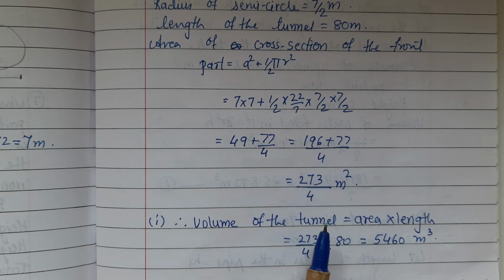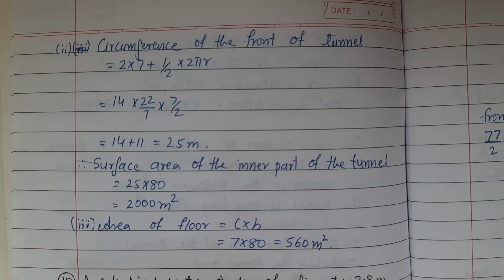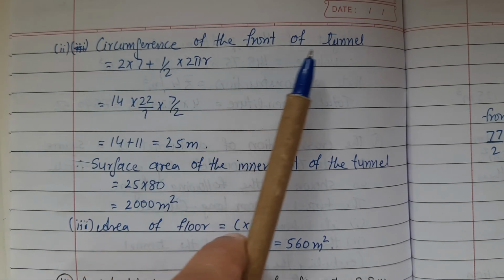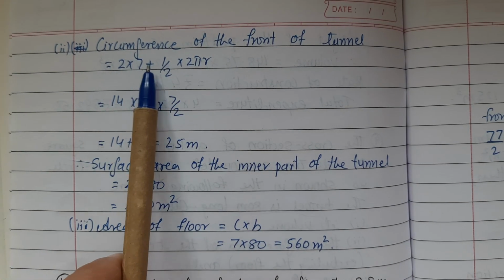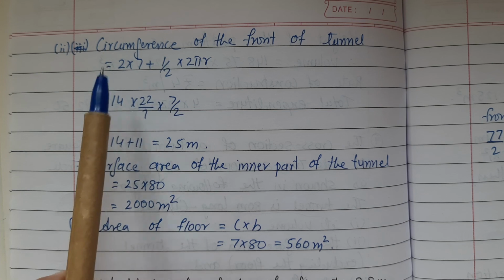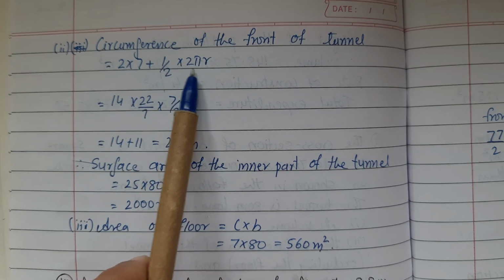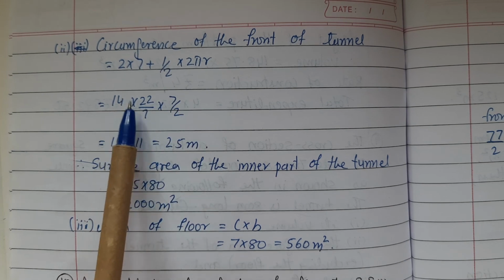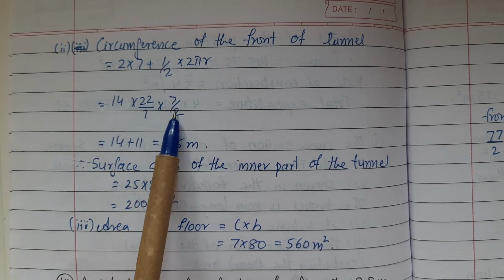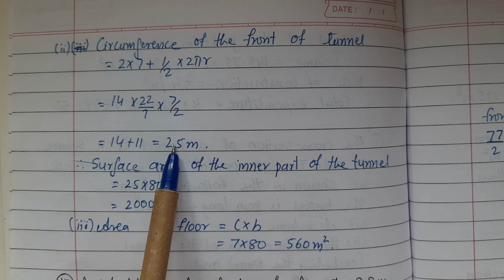The volume of the tunnel is area into length. Area is 273 upon 4 into 80, equal to 5460 meter cube. Second part, circumference of front of the tunnel: 2 into 7, that is the side of the square, and the half semicircle, so half into 2 pi r, 14 plus 11, 25 meter.